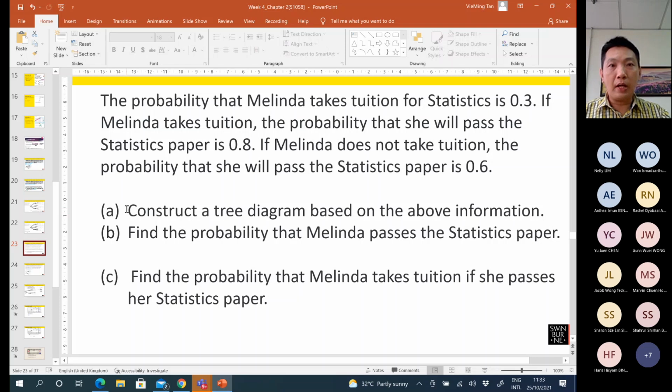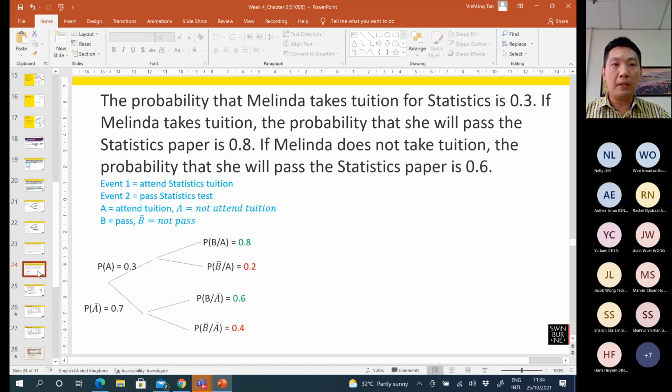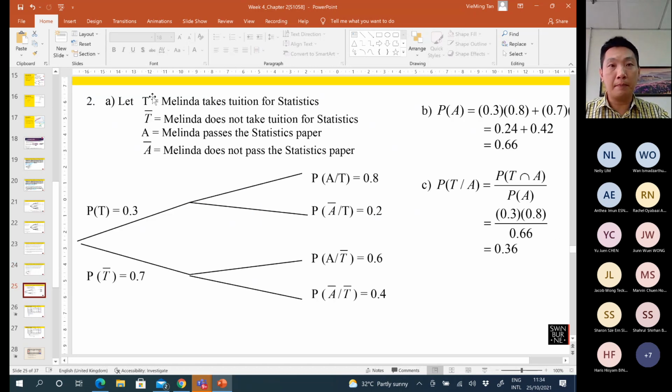Part A asks you to construct a tree diagram based on the above information. In order to draw the diagram, the first step is to choose an appropriate symbol to represent the event. In this case, I use T and A. You can choose the symbol.